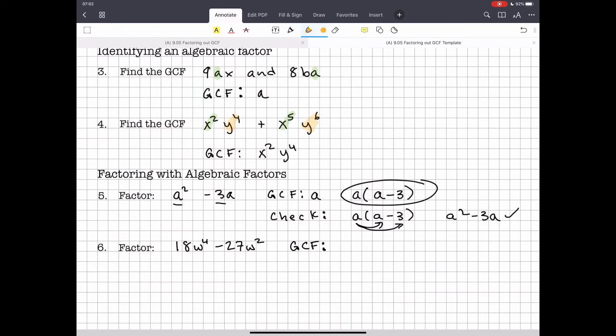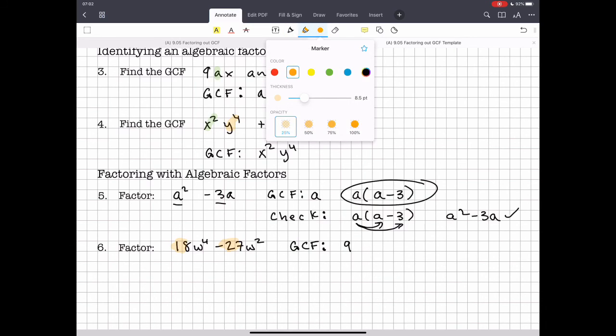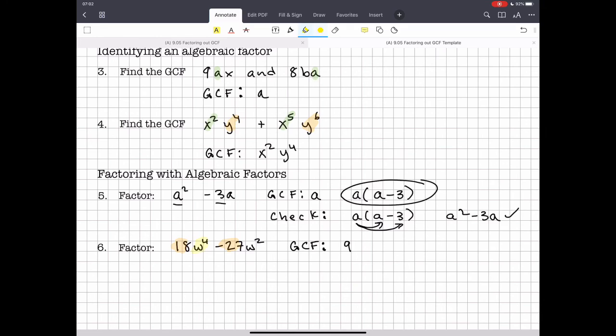Well, between the 18 and the 27, the largest factor they can be divided by is 9. Between w to the fourth and w squared, the largest factor they can both be divided by is w squared. So our GCF is 9w squared.